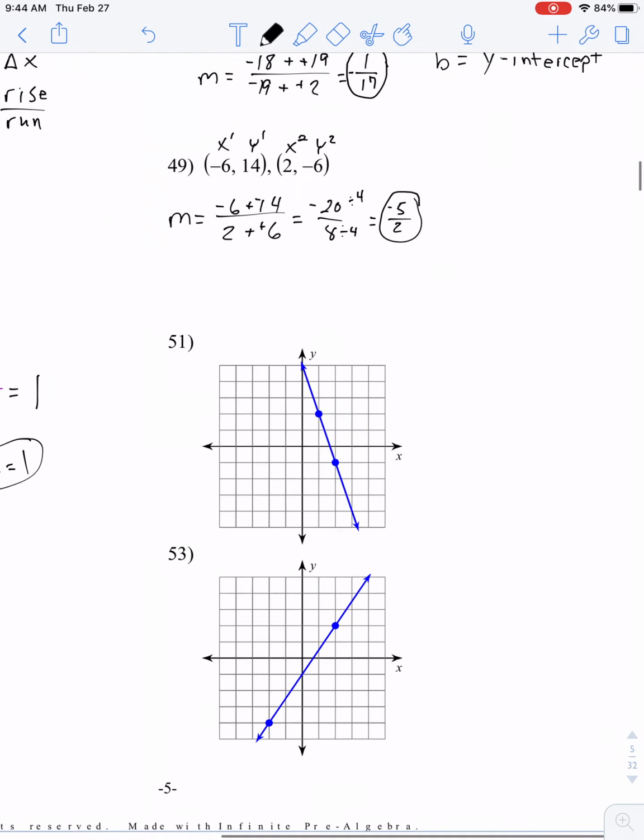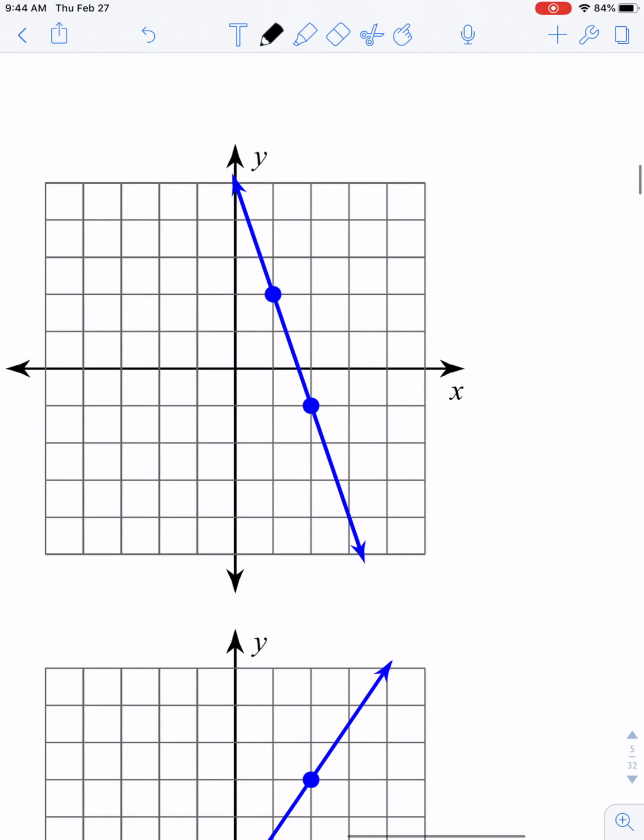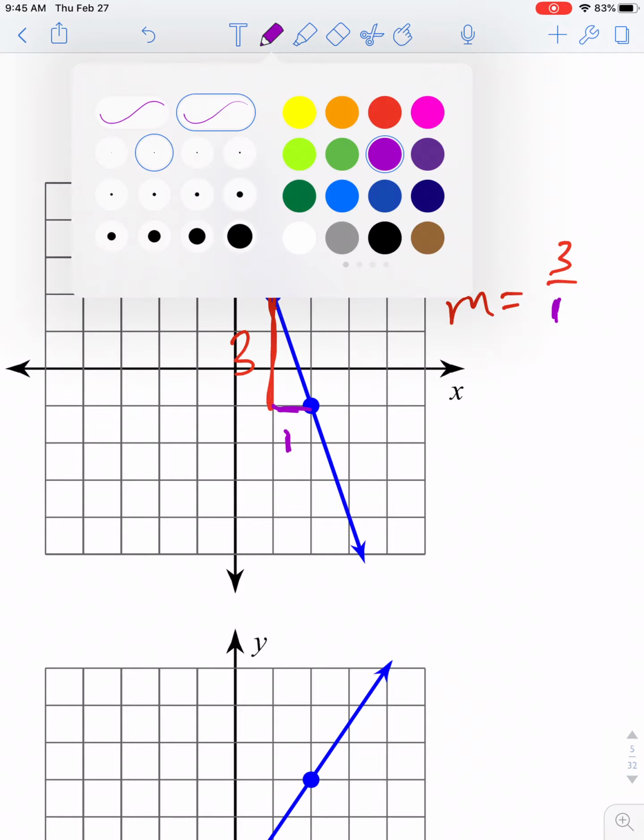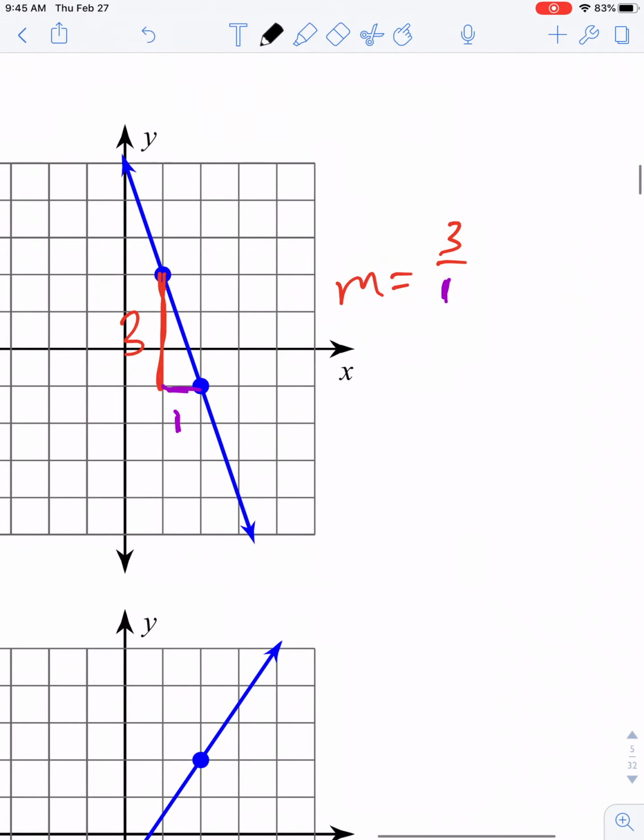Looking at number 51, we're going to do the same thing. We're going to find the rise first. So the rise in this case is 3. The run in this case is 1. And we can also see that, again, it reduces.